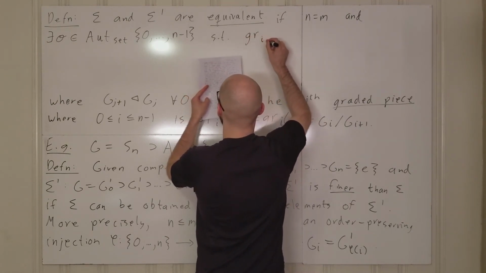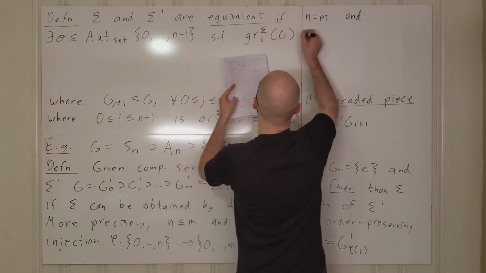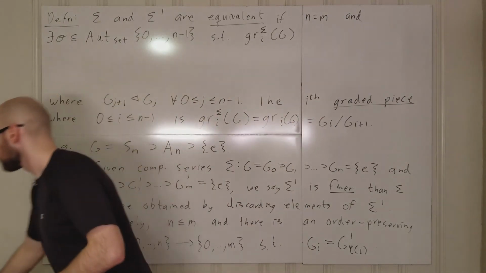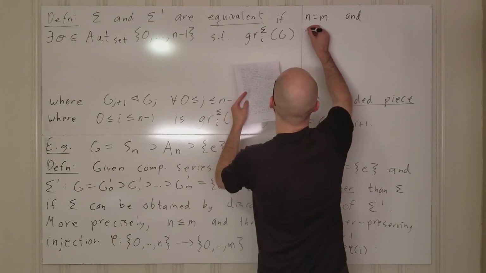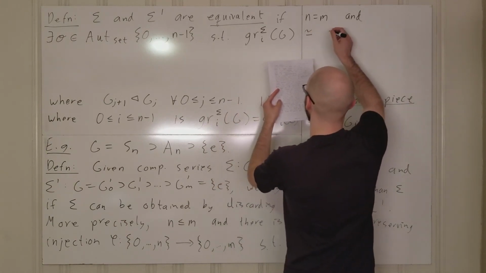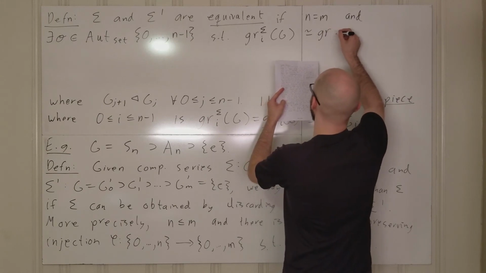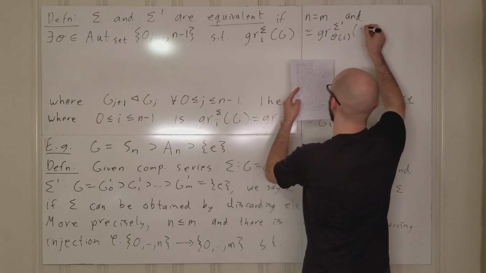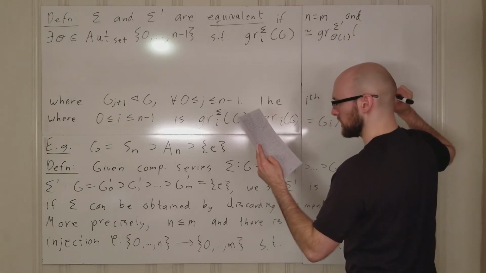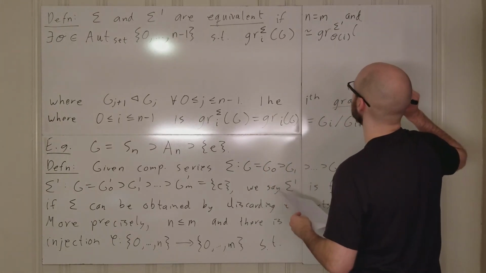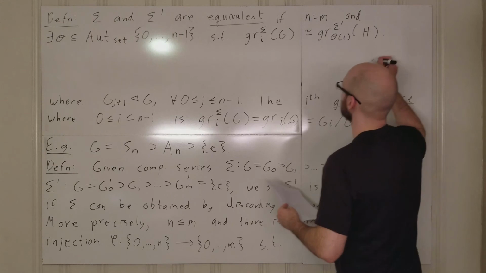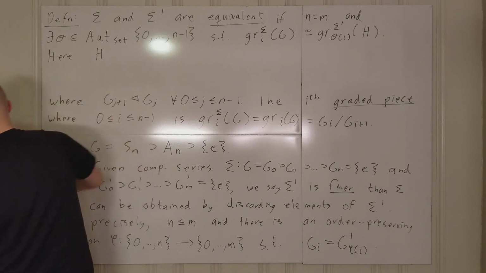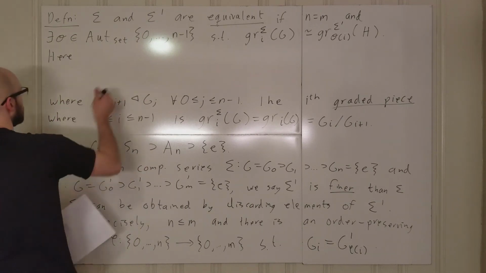ith graded piece in sigma of G is isomorphic to the sigma ith graded piece in sigma prime of H. Okay, so I guess here we have H. So I guess I lied earlier.